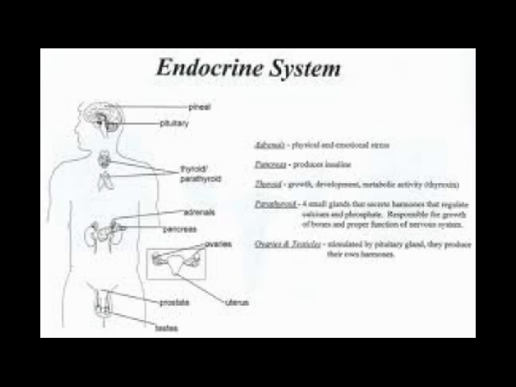If I'm not mistaken, it's just in the duodenum. It could be in a part of the pylorus, but I don't think so. It's in the duodenum. All right, let's see.